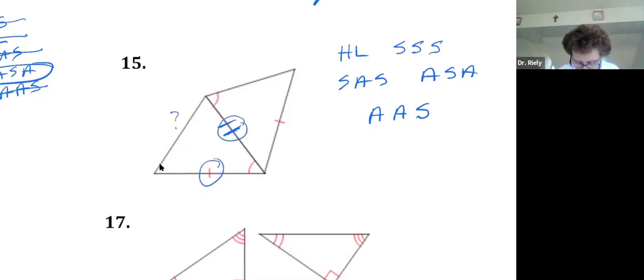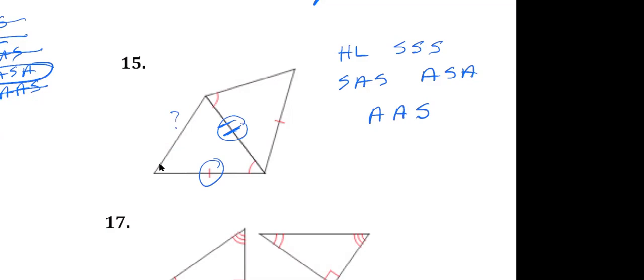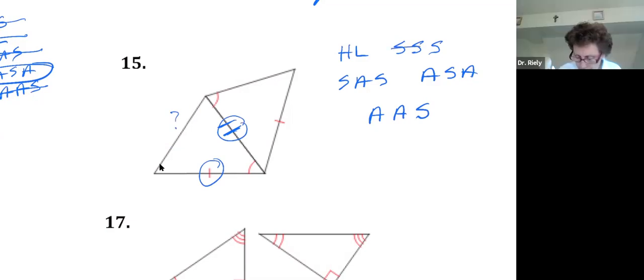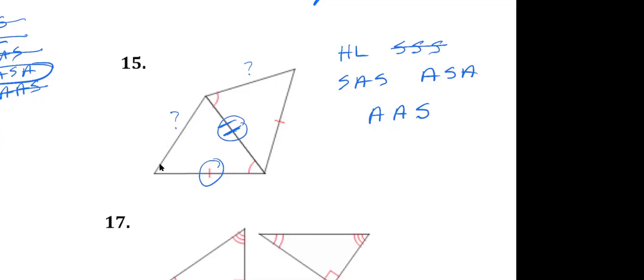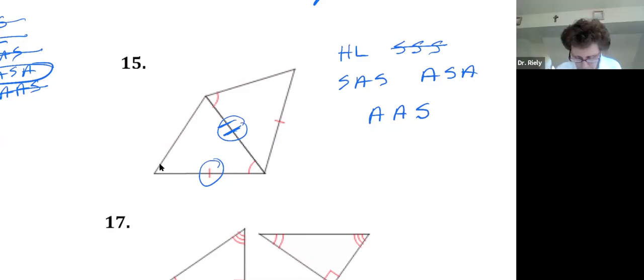This one's not marked, right? So I don't have 3 sides marked. Do you understand that, Charlie? Yeah. Okay, so you can eliminate side, side, side because I don't have 3 sides that are marked. They have to have the same markings to be counted as being equal, okay? So since you have 2 blank ones, you can't use side, side, side. Does that make sense? Yeah. Okay, so let's get rid of that question mark for right now.